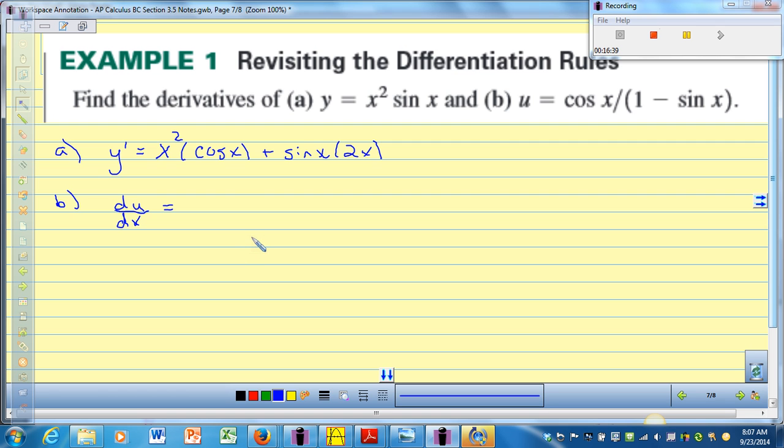What do I need on this one? I need quotient rule, low d high. So low would be 1 minus sine x, d high negative sine x, minus high cosine x, d low.